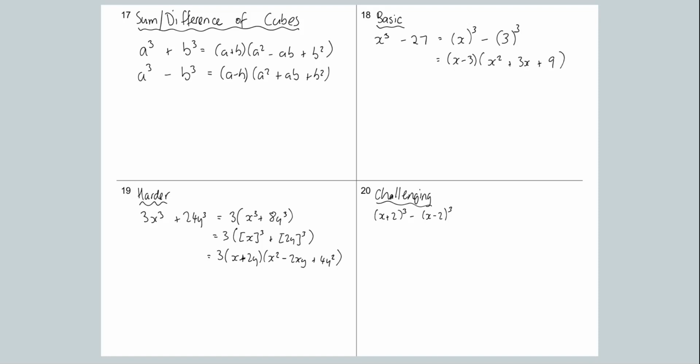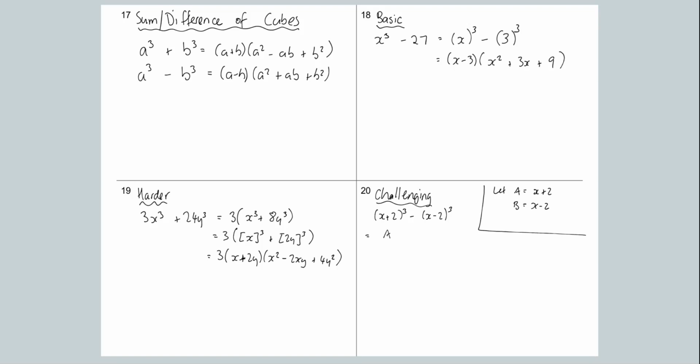Don't be afraid of complicated expressions. I don't need to, and you don't need to, but I'm going to simplify what I'm looking at here by a quick substitution step. I usually tend to use big A and big B. Let big A equal x plus 2, big B equal x minus 2.